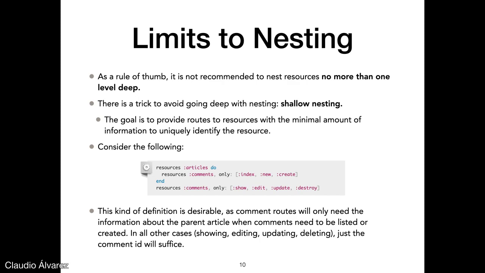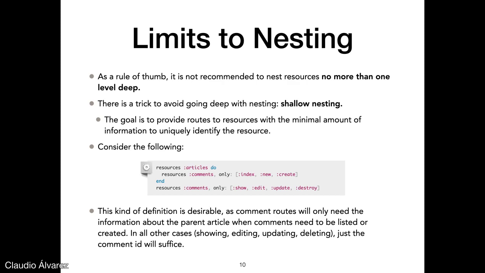If you want to update or destroy, those are all actions that will just affect the comment, and you don't need contextual information about the article. And this is a general pattern. It almost always happens: the index, new, and create actions will need the ID of the parent resource.